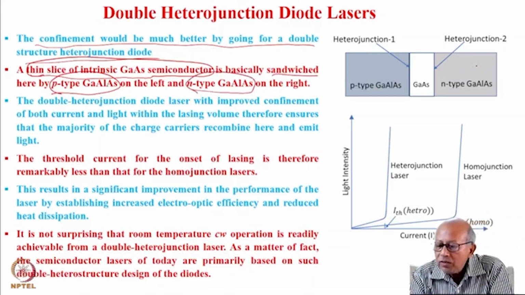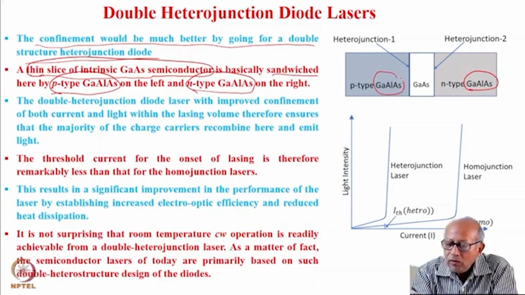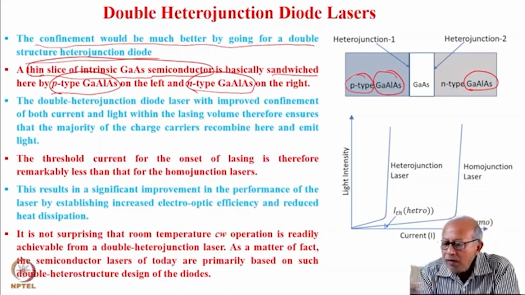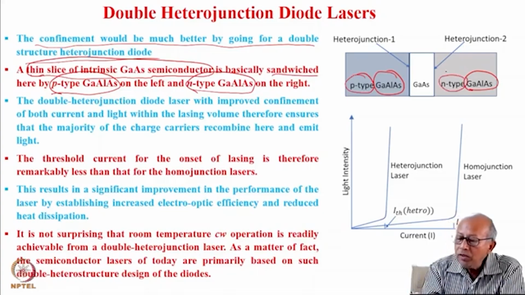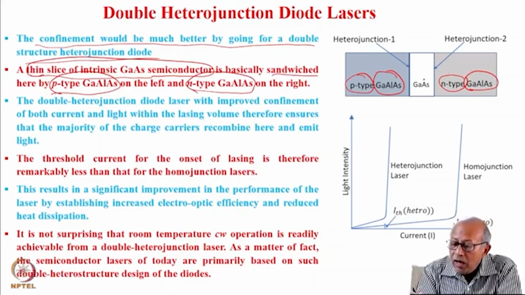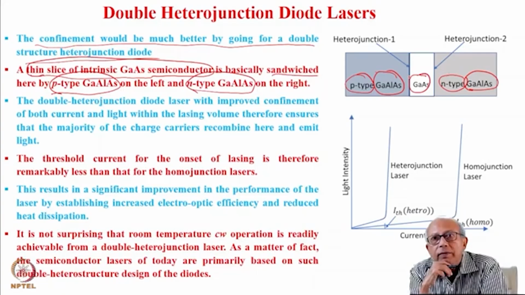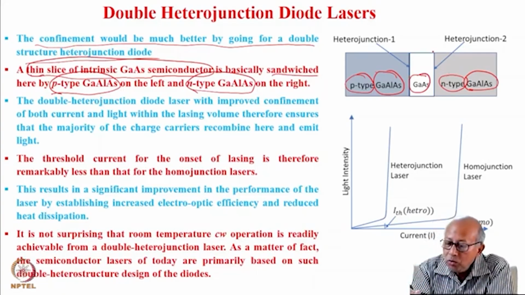That means this side is gallium aluminum arsenide, this side is gallium aluminum arsenide, and you dope one to form p-type and the other to form n-type. Between these two, you sandwich a thin layer of intrinsic gallium arsenide. So then you have two junctions.